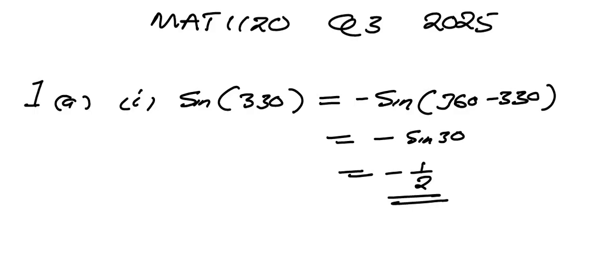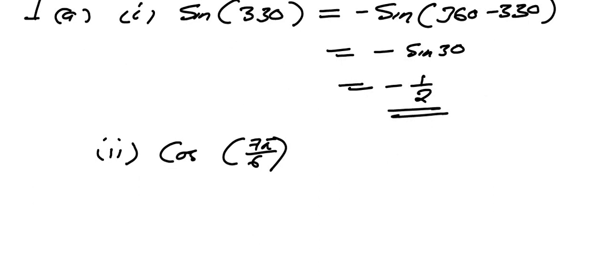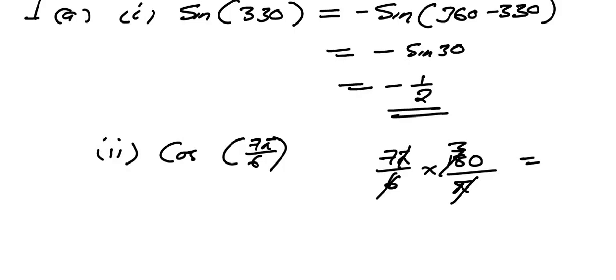And the second one was saying cos 7 pi over 6. The exact value of this, we have to convert it from radians to degrees. This is going to be 7 pi over 6 multiplying 180 over pi. The pi cancels. 6 there is 1, 6 there is 3. This gives us a 210. So this is the same as cos 210, which is in the third quadrant.